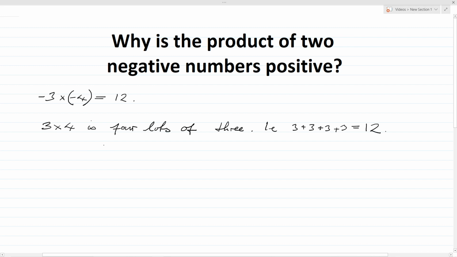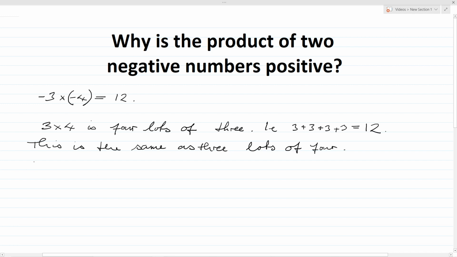Good. Now we also realize that this is no different from saying 3 lots of 4. Why? Because if you add, it doesn't matter, you're adding the same amount. So this is the same as 3 lots of 4.